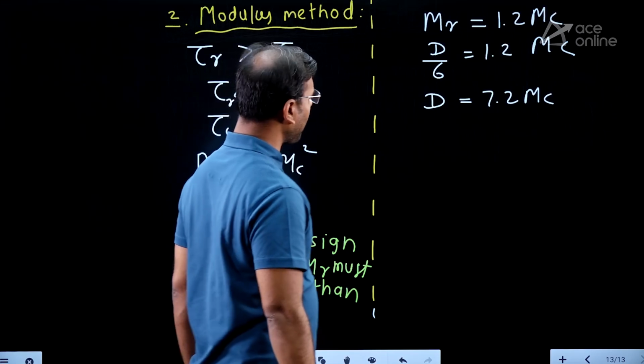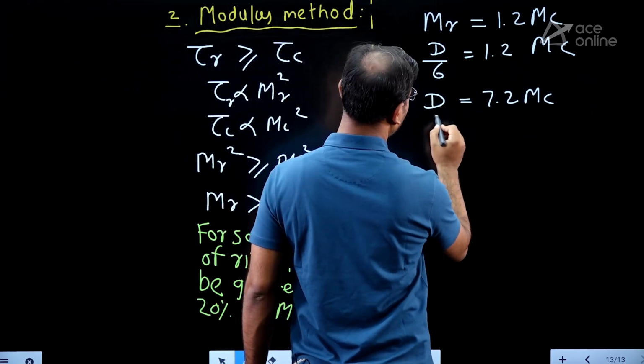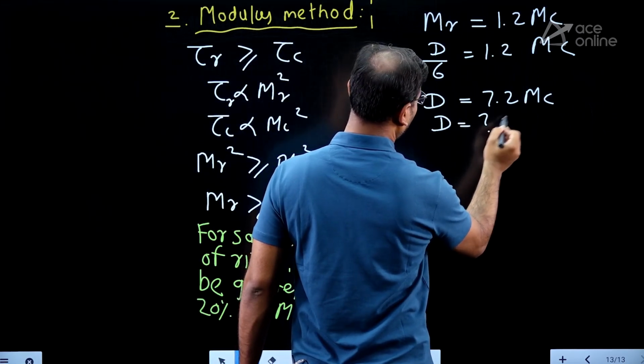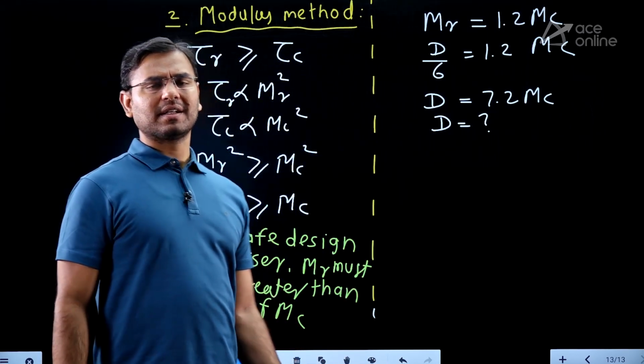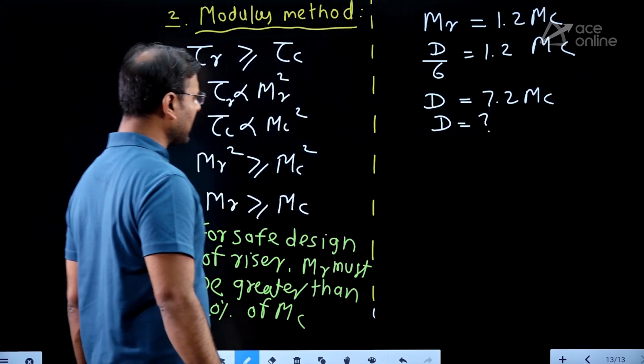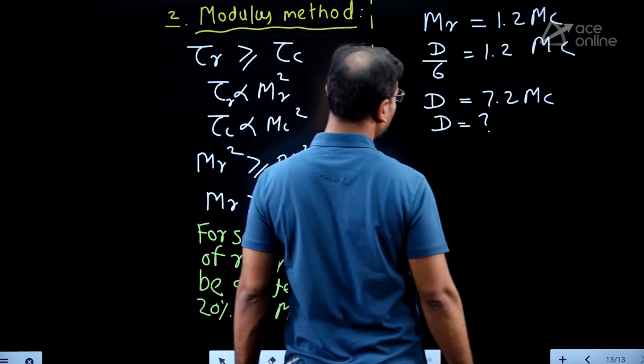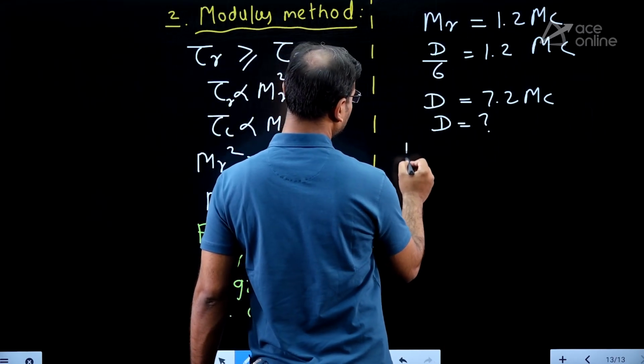Therefore here we can get the answer of diameter. And how to get the modulus of casting cavity? Volume by surface area. The casting dimensions will be given, then we can calculate. And once we get the value of D, then how can we get the value of H?